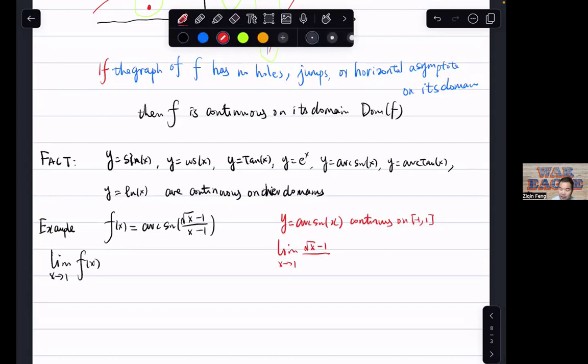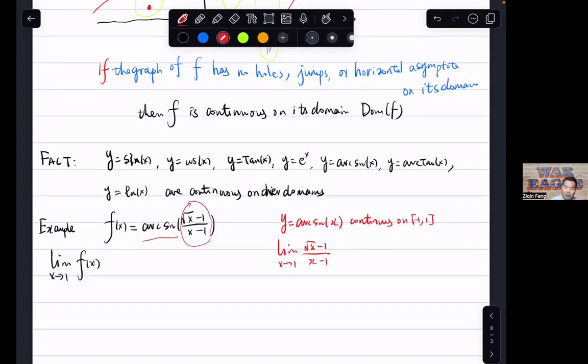If this happens to be in the domain of our outer function, all you want to do is plug that number in, because if this goes to somewhere that's in the domain, the outer function here is continuous on the domain. So all you want to do is plug in the limit.